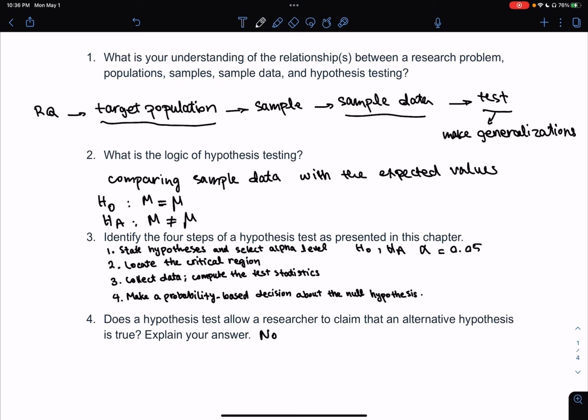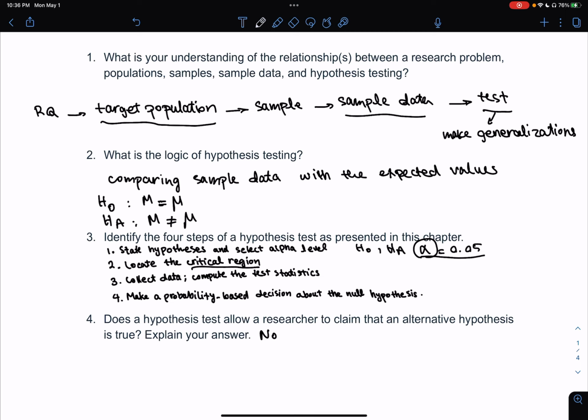And then locate the critical region. So based on this alpha, you locate the critical region based on alpha and whether you are doing a two-tailed or one-tailed test. You find this critical region.